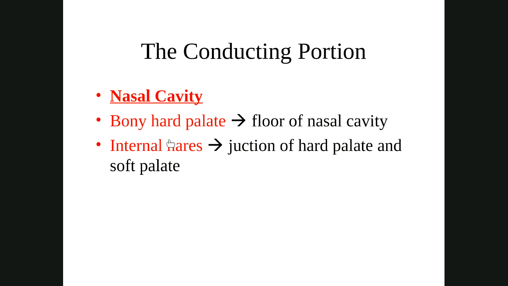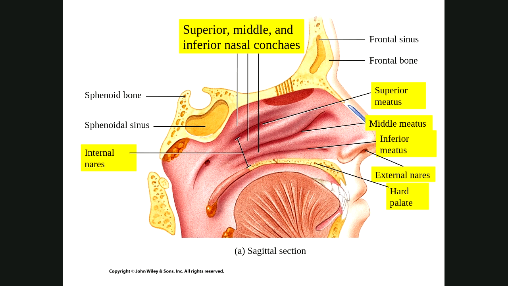In the nasal cavity on the bottom, we have the bony hard palate, and then the internal nares all the way through the soft palate is the conducting portion. So this is what it looks like. You breathe in through the external nares, through the nasal cavity.